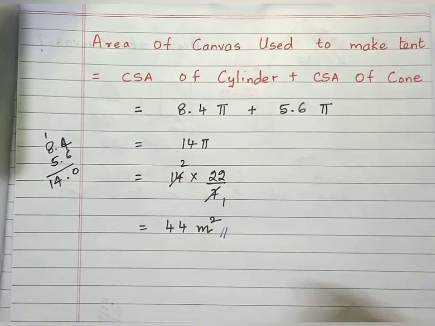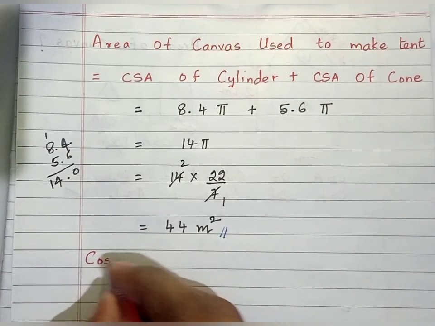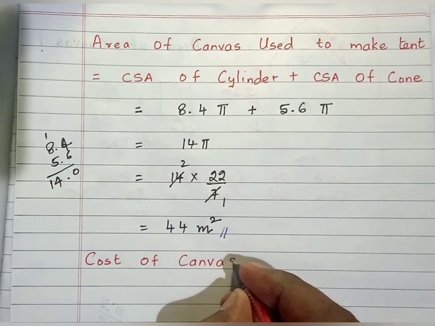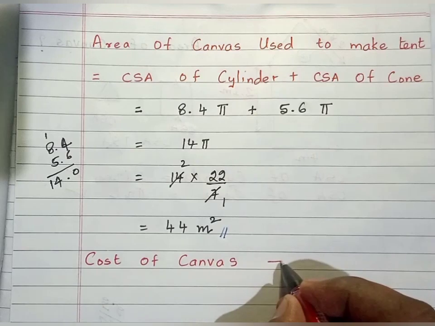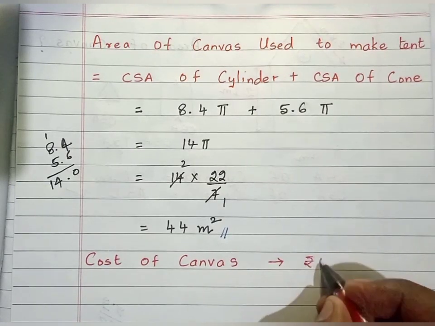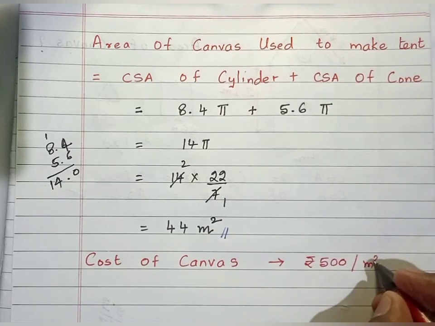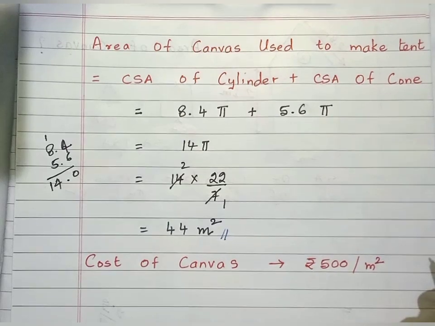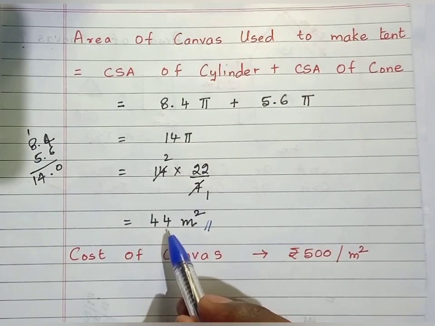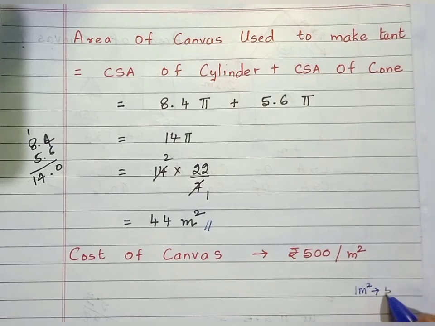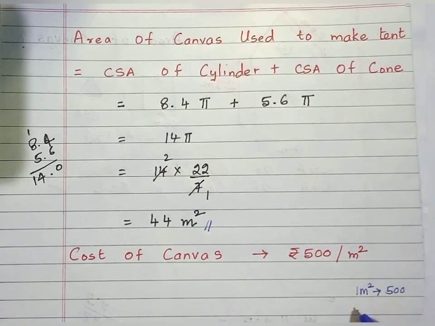Now the next part of the question is finding the cost of canvas used. For 1 meter square it is 500. The same way, what is the value for 44 meter square?